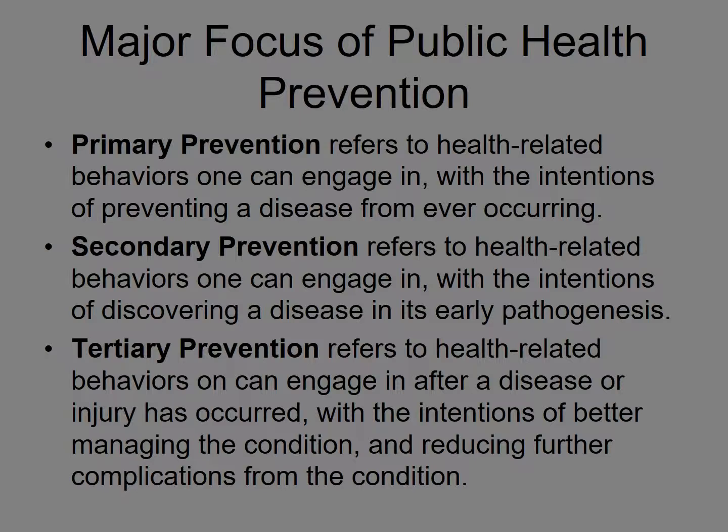So with primary prevention, you're trying to prevent a disease from ever occurring, and this is more wide, within a community, within a nation, within a specific group. With secondary prevention, there's already some type of risk that you're trying to catch, and this includes screening, breast cancer screening, colonoscopies, any type of screening or preventative behavior, again with the idea that there's already some type of risk involved.